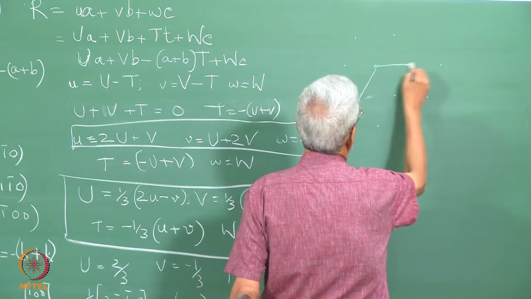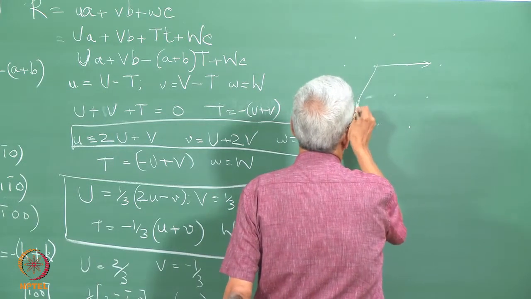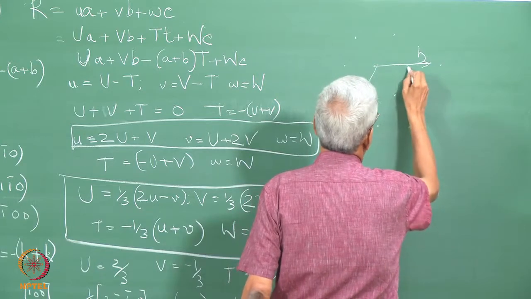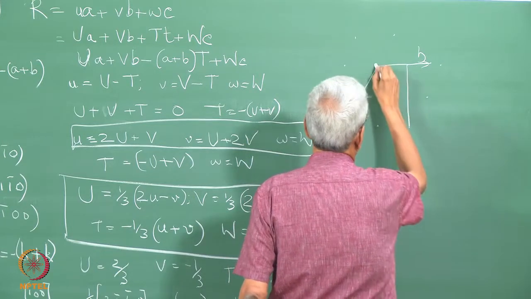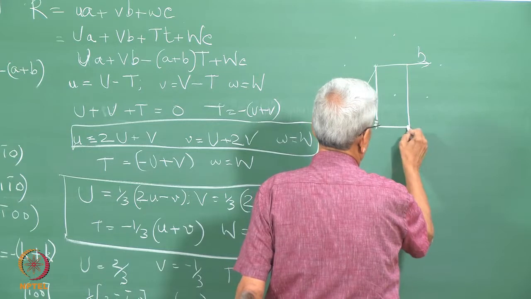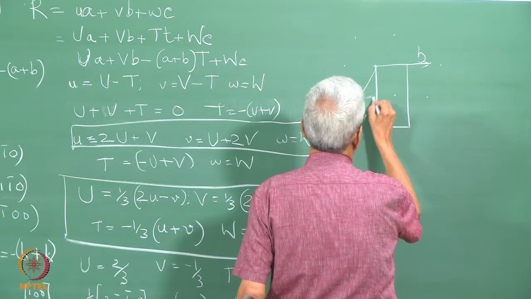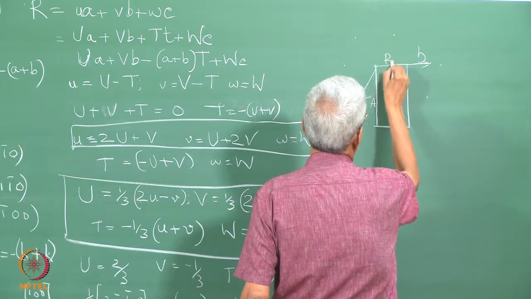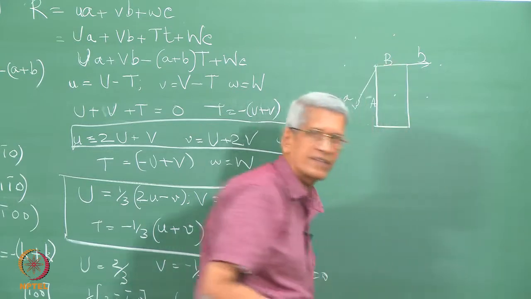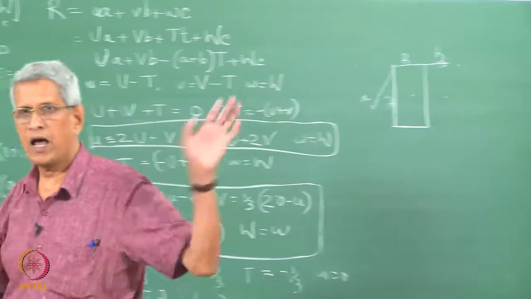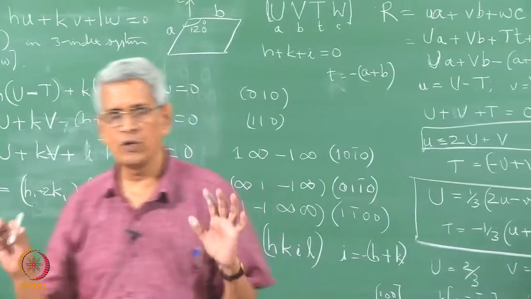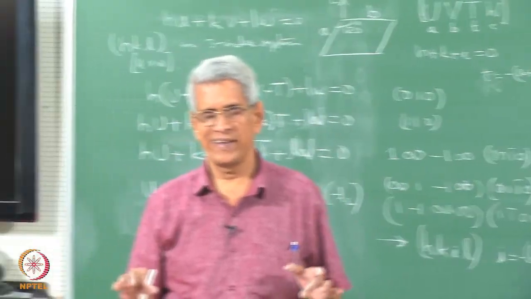If this is the way, A and B, another way in which we can represent it is this: this can be A, this can be B, this can be the C axis, as an orthorhombic unit cell also, because the unit cell is not unique.